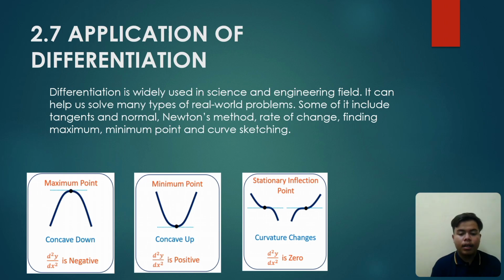The shape of the graph is concave up, and d²y/dx² is positive. The last one is the stationary inflection point. The curvature changes, and d²y/dx² is 0 for this graph.